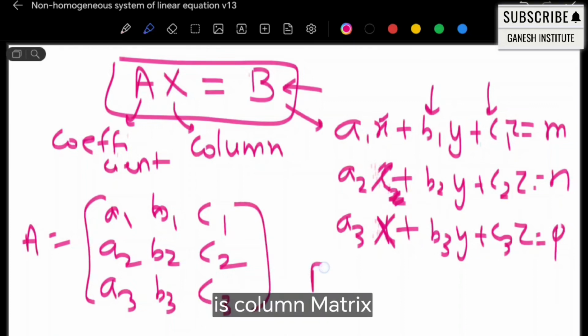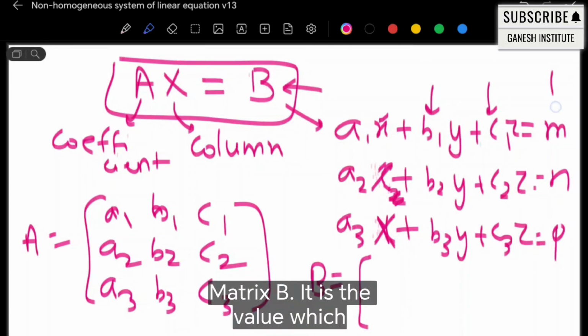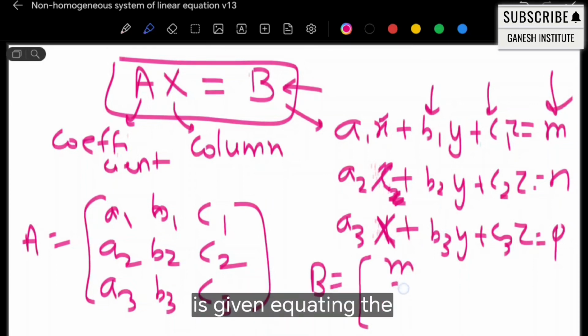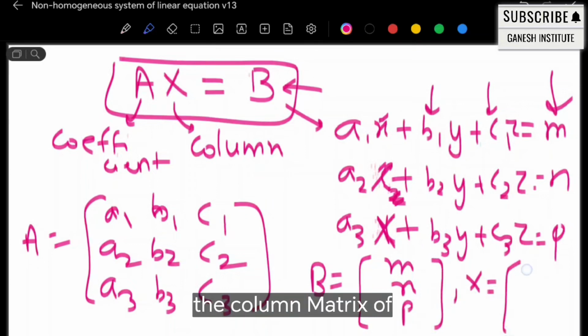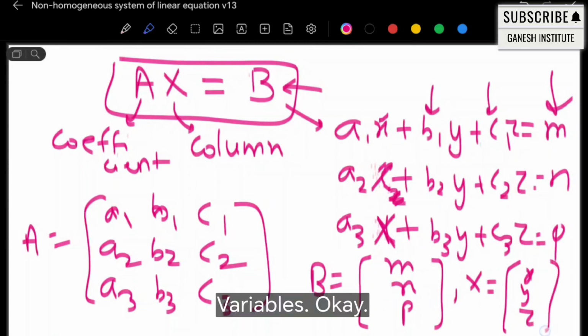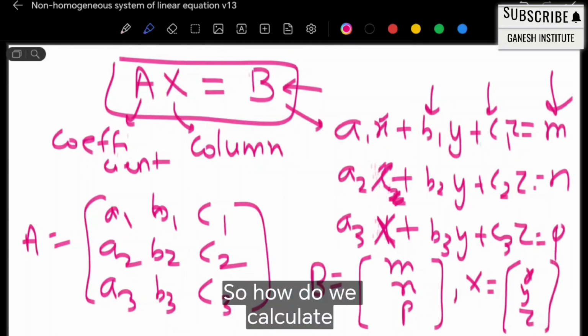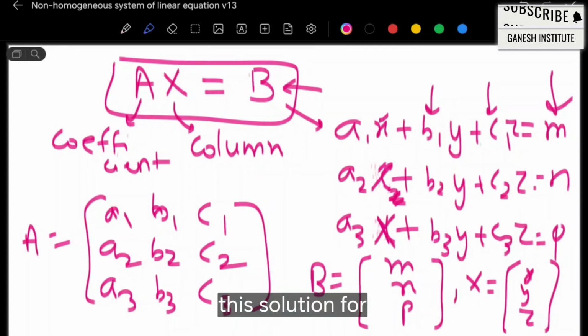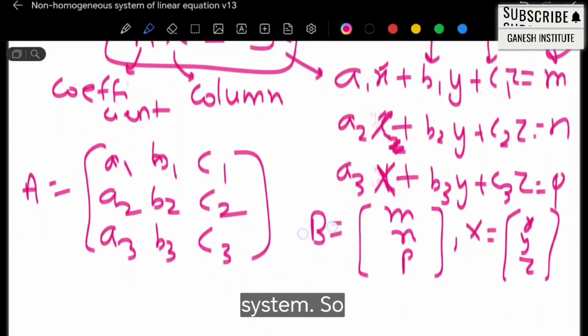And what is the column matrix here? Column matrix B is the value which is given equating the equation. What is X? The column matrix of variables. So how do we calculate the solution for a non-homogeneous system?